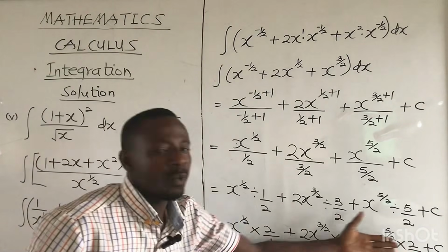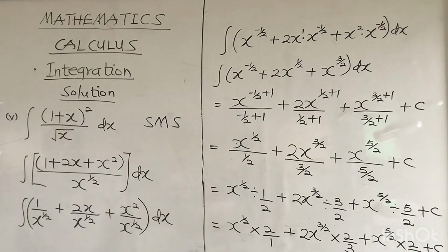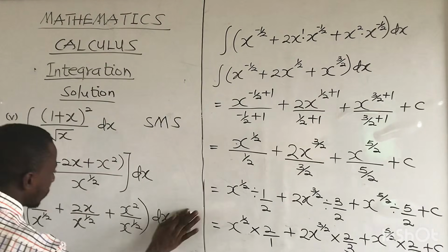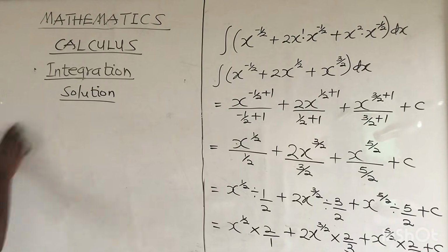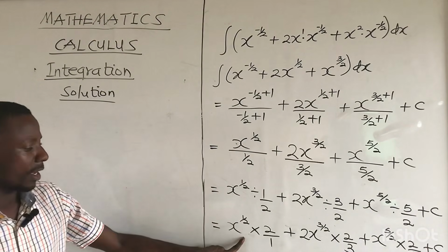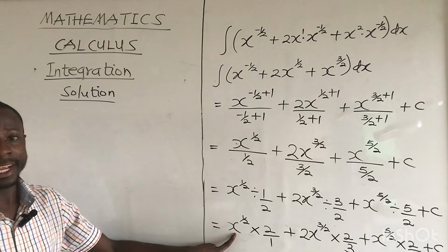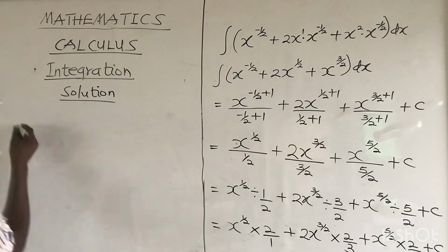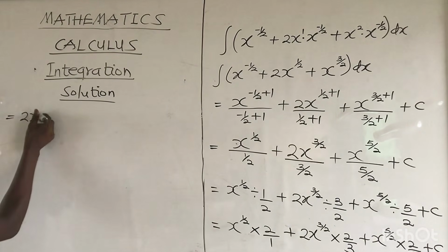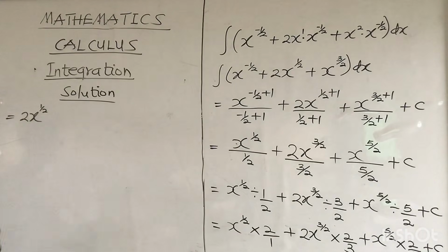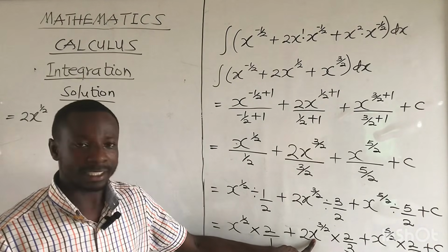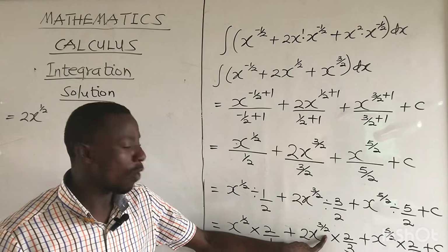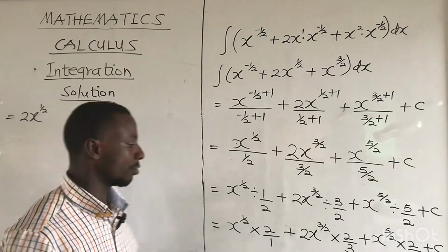So from here, we are going to evaluate them more. So from here, these two will multiply the x power half. So we are going to get 2x exponent half. Then 2x exponent 3 over 2 times 2.